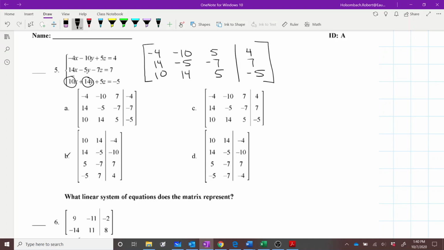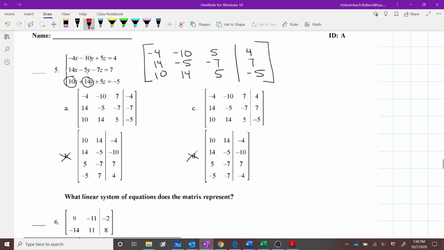So obviously it can't be answer B or D because the size of the matrix doesn't match the system of equations. So 4, -10. It looks like they've got some numbers out of order here.